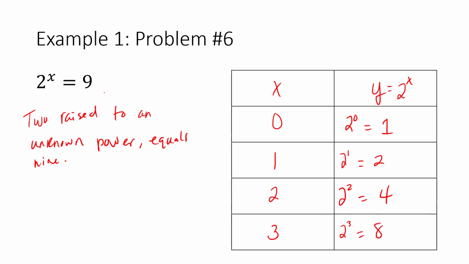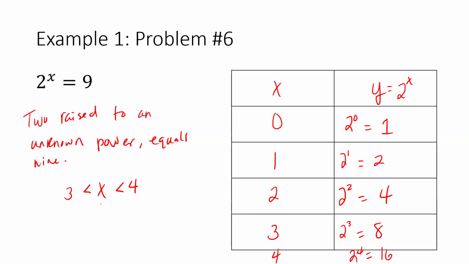So far, have I gotten to 9 yet? No. So logically, it's telling me my next number, x equals 4. If I had 2 to the 4, that's 16. So this means that x is in between. x has to be greater than 3 but less than 4.